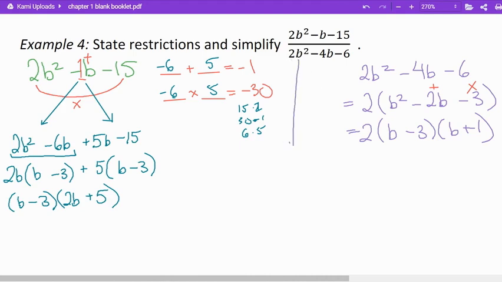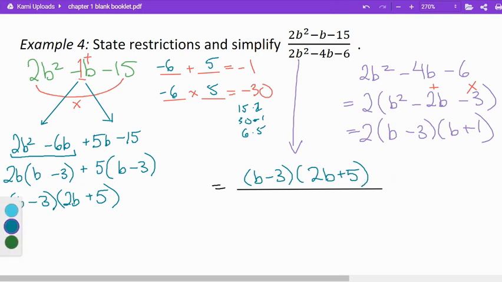So let's work to simplify this. Okay. So the numerator has been simplified to b minus 3 times 2b plus 5. And the denominator has been simplified to 2 times b minus 3 times b plus 1.